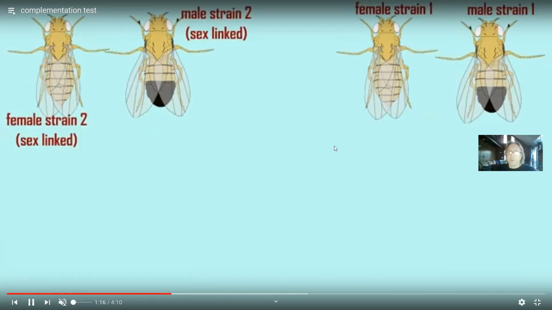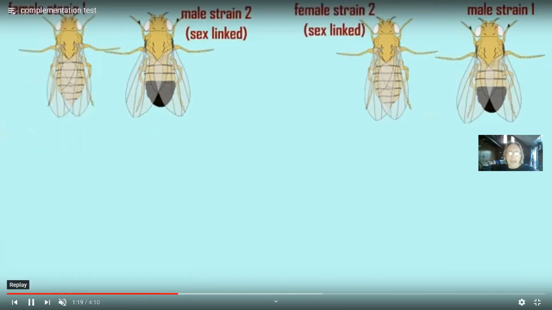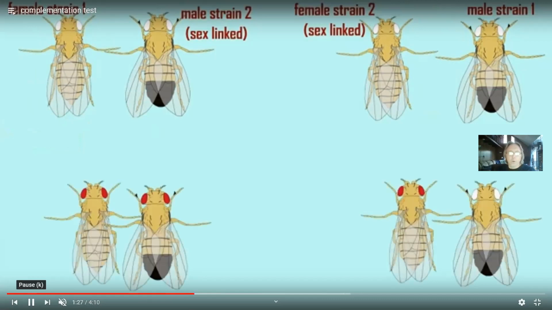Well, what you could do is the complementation test, where you could mate a female from strain 1 to a male of strain 2 and vice versa. So now you have heterozygotes. And then the question is, do they have red eyes? Here, the female of strain 2 has white-eyed offspring because that's sex-linked, but we knew that.